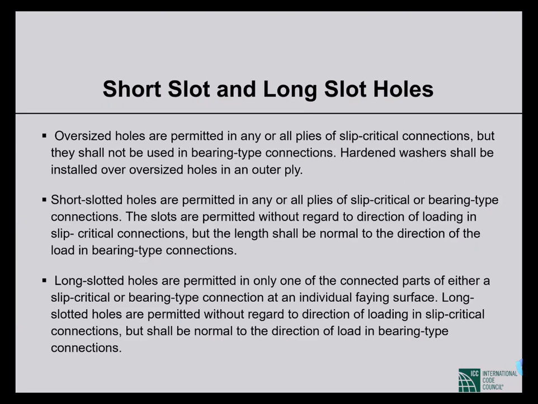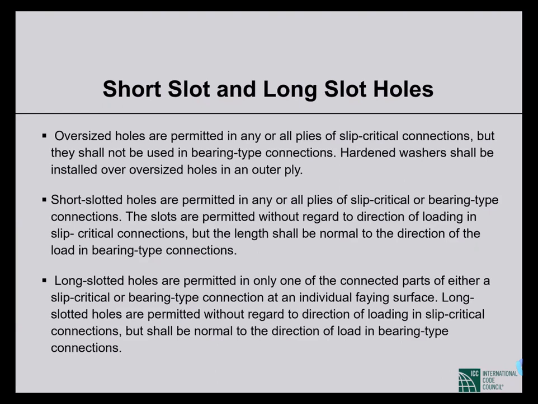As we know, in bearing type connections, we have to depend on the bolt. So in the direction of loading, we depend on the base plate being in touch with the bolt. If there is a gap, then there will be a lot of deformation, right?